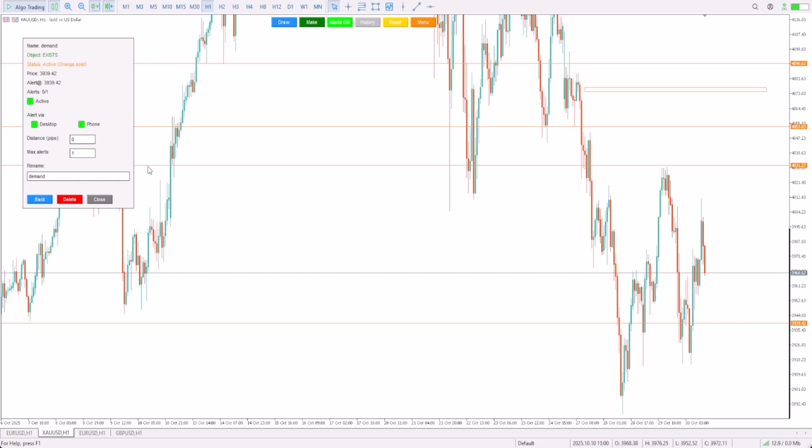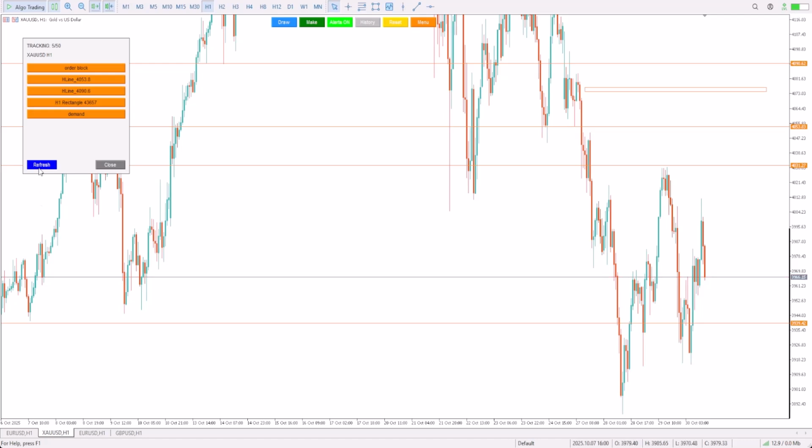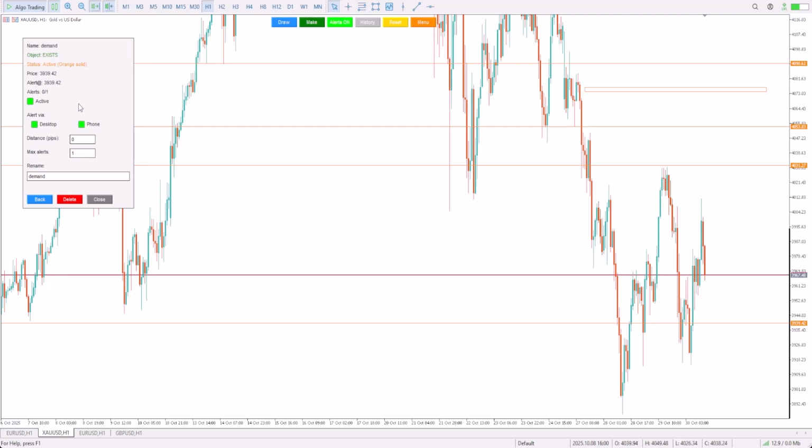When you make the change, in a few ticks or in the next tick, it will update. Of course, I could click back and refresh if it doesn't update instantly, and it will update. Essentially, in the next tick, it will update.